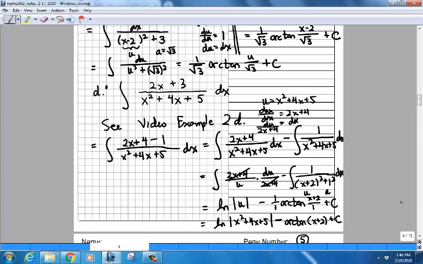From that kind of innocent-looking original integrand, just an algebraic expression, it ends up with a natural log function and arctangent in the antiderivative. Really unexpected, maybe, for what doesn't look like that difficult a function.